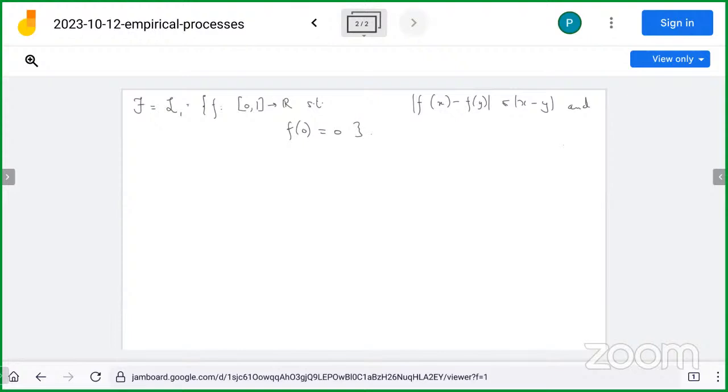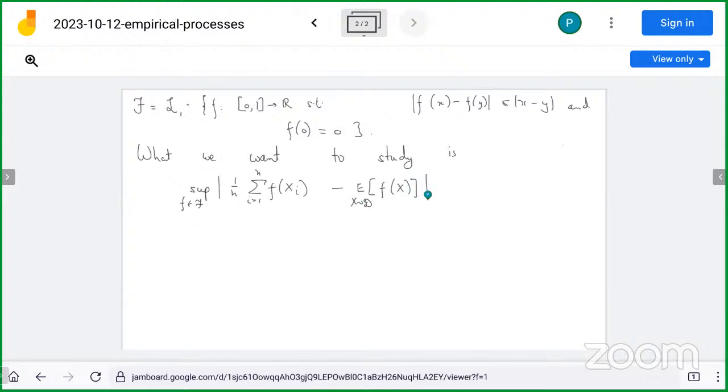Let's think of our previous examples, maximizing expectation. What we would want is the supremum over all f of the difference between the empirical average and the actual expectation.